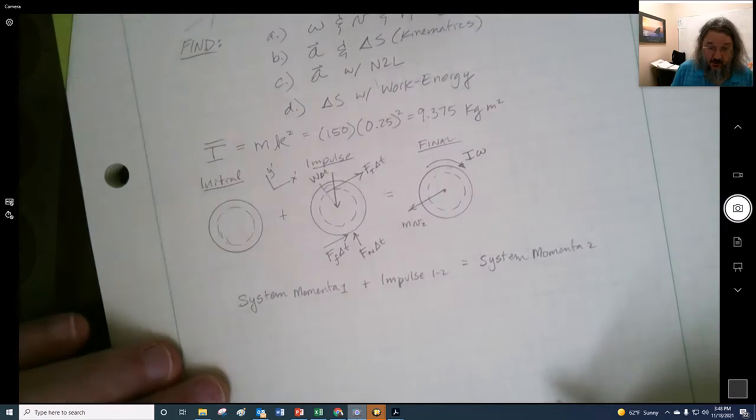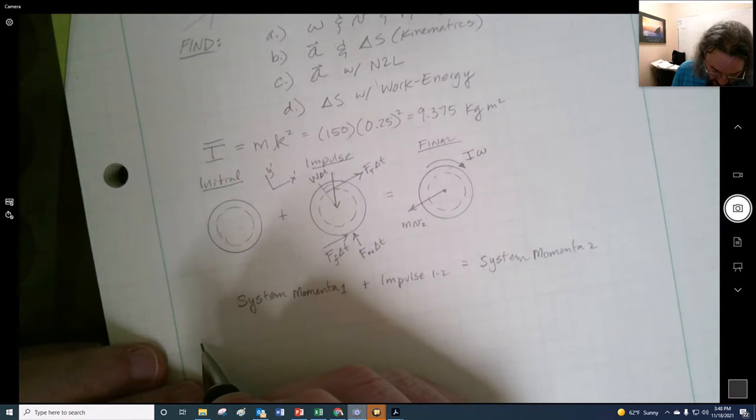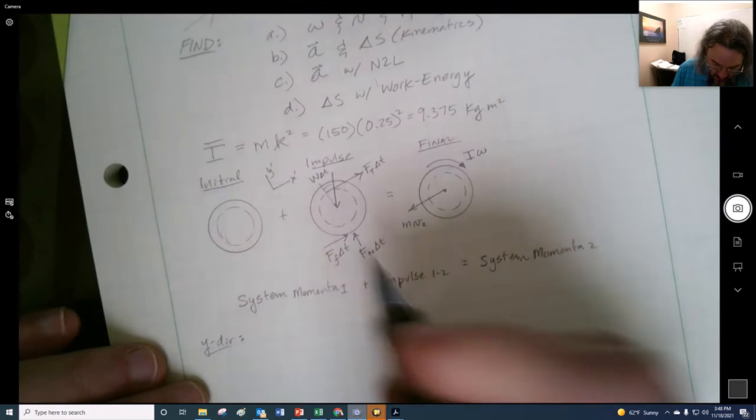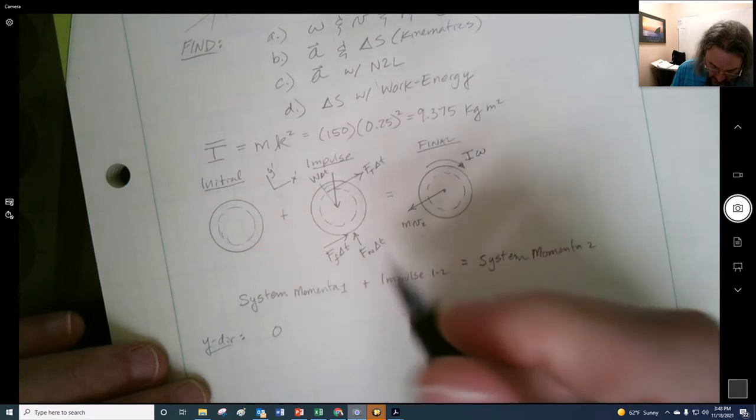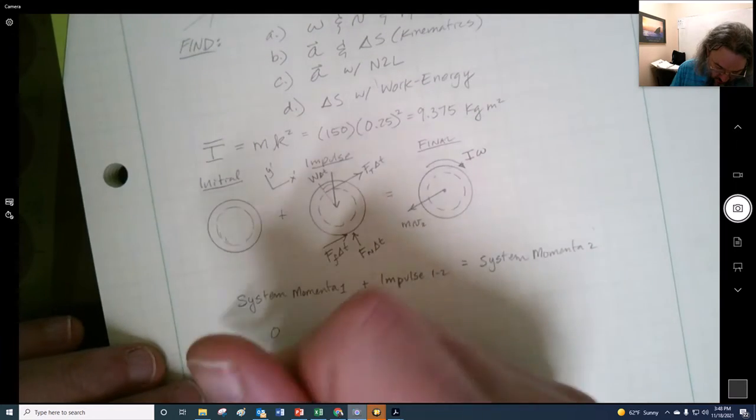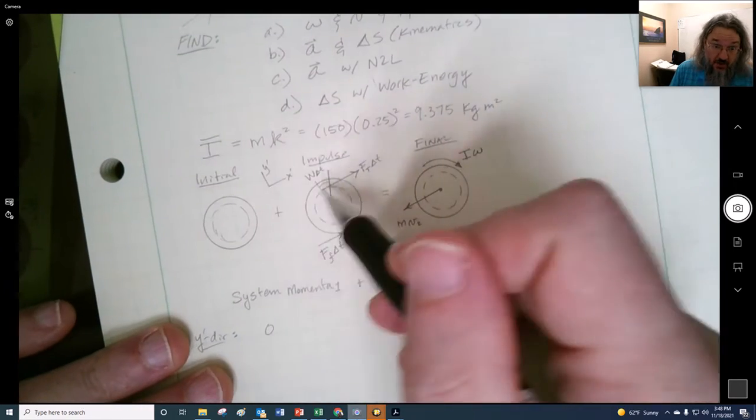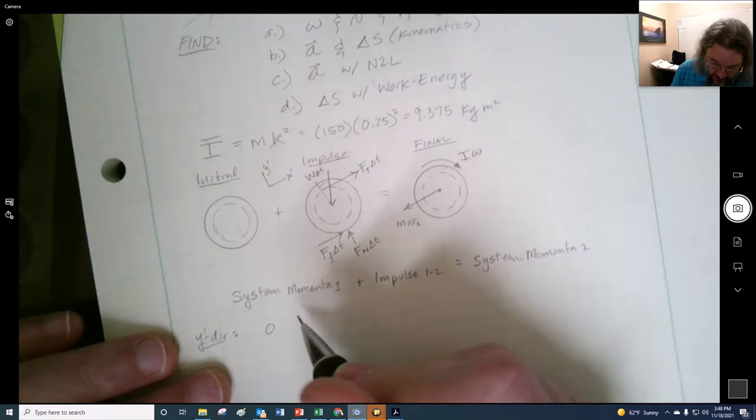That's what that diagram represents. So the translational part in the y direction of that is going to be 0, and we're talking about the y prime direction, right? So we're talking about this.